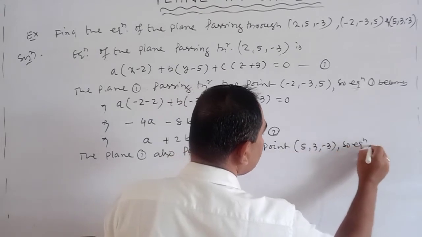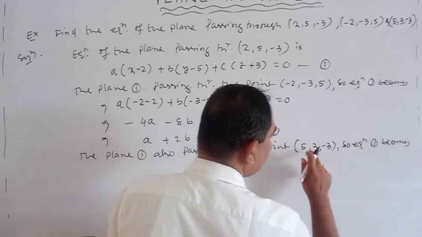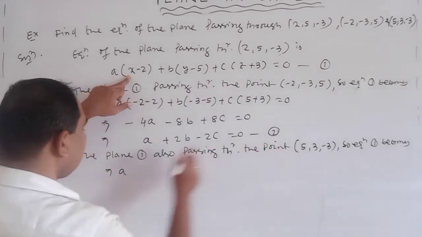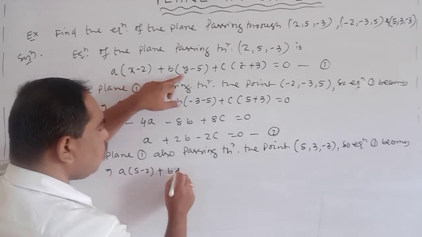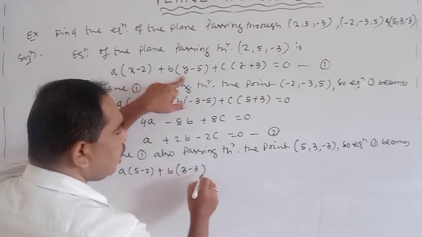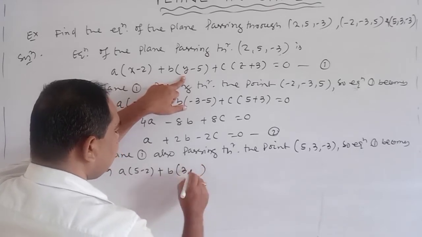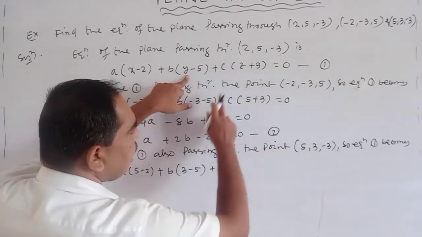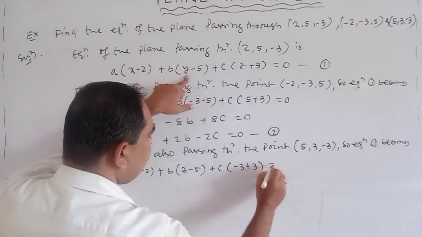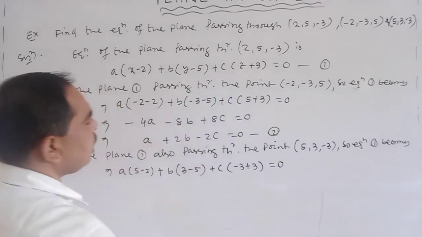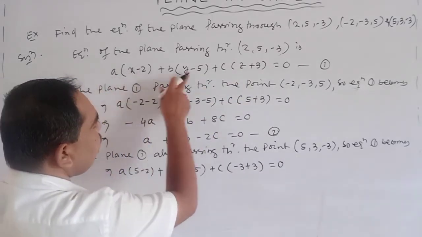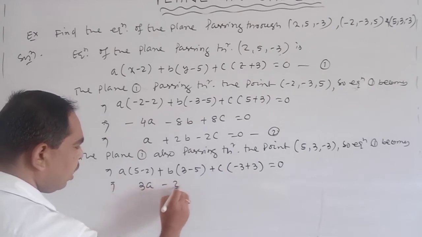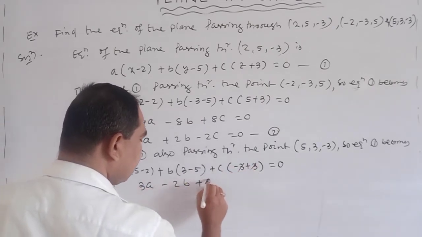So equation 1 becomes, this point satisfies equation 1: a into x, putting 5, 5 minus 2, plus b into y, putting 3, 3 minus 5, plus c into z, putting -3, -3 plus 3 is equal to 0. -3 plus 3 equals 0. So 5 minus 2 means 3a minus 2b plus 0c is equal to 0.